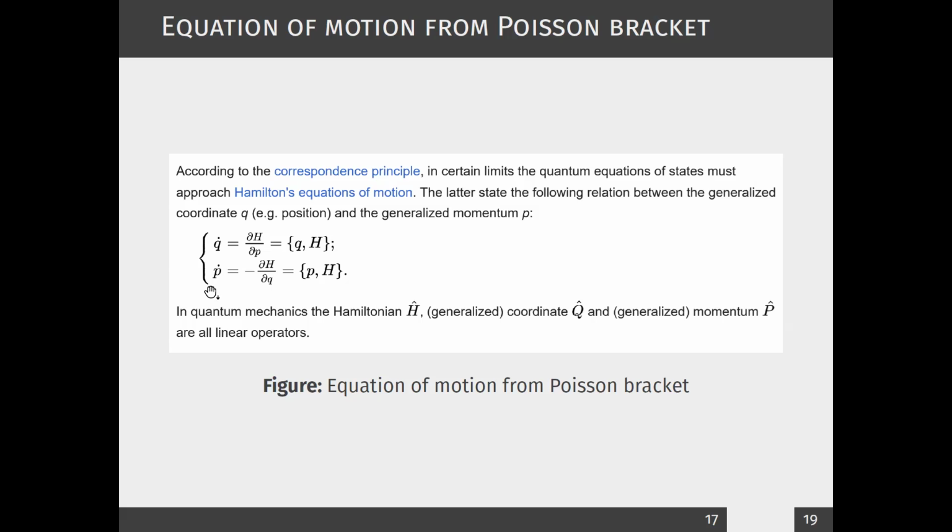And dp/dt is minus dH/dq. So this is also the Poisson bracket of p and H. So this is the standard procedure of getting the equations of motion from a classical mechanical system, right?